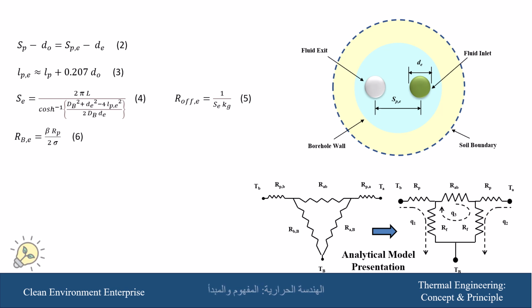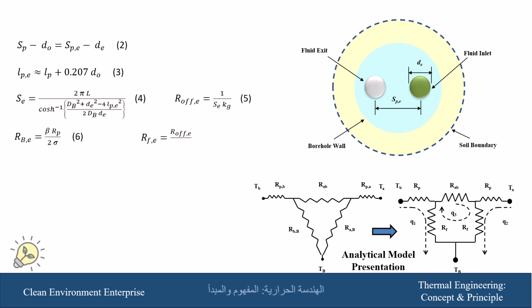Then we will have the general form, which is represented by equation number 6, as has been derived from the mathematical solution for the series for the circuit of these resistances as shown previously as well, but you may find the full analysis in the present reference, which would be listed in the bottom of this video.